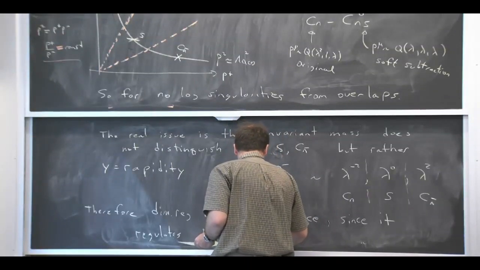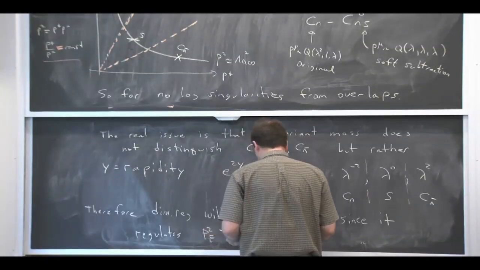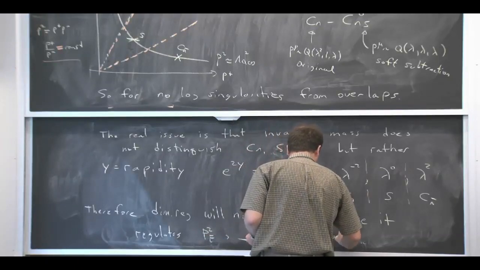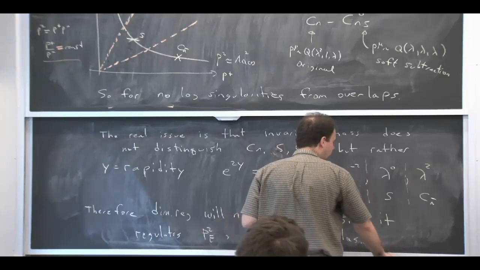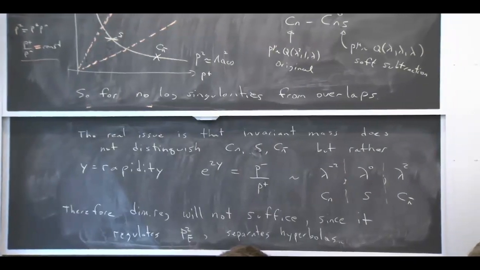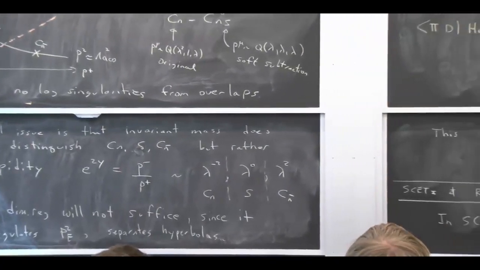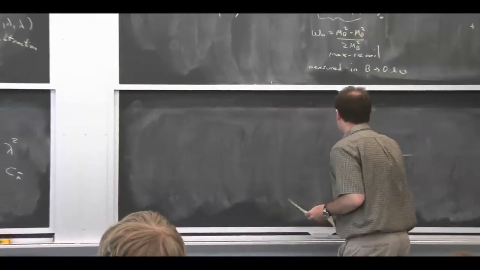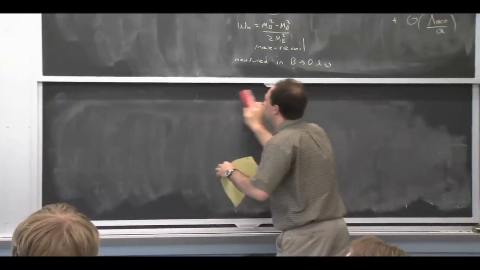It's a way of regulating singularities between hyperbolas, but not along a hyperbola. So that's one complication. We'll need an additional regulator. And we'll see that that regulator will eventually lead to a new type of renormalization group flow, which is flow along a hyperbola. It's not a flow in invariant mass, but a flow in rapidity.